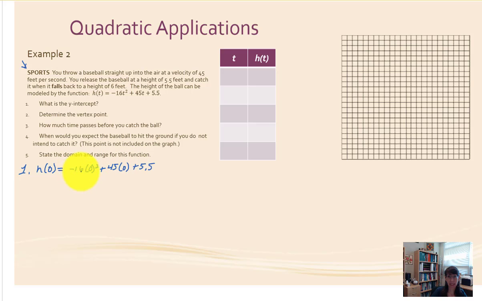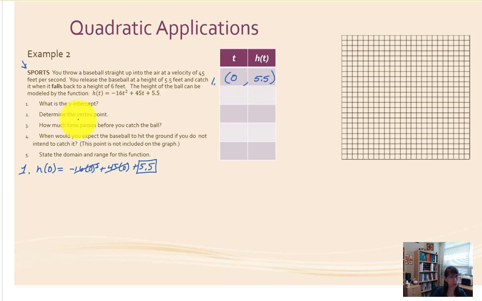So negative 16 multiplied by 0 quantity squared is going to be 0 and eliminate. 45 times 0 eliminates, and that leaves us 5.5. So the ordered pair we've just generated is a time of 0 had a height of 5.5 feet. So 0, 5.5 is our first ordered pair.